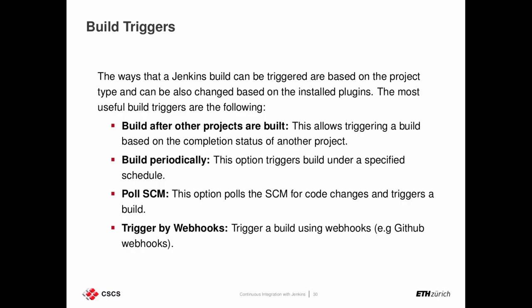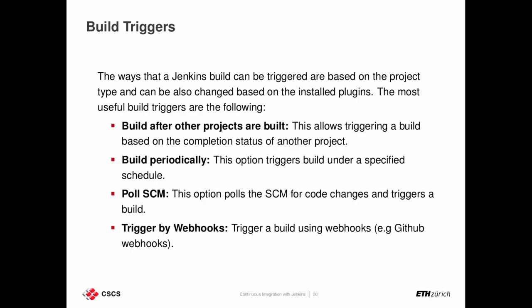Poll SCM. This option polls the source control management at a specified time interval for code changes, and it triggers builds. You can tell it in particular which branches and which repositories to look for. You can give in regular expression syntax which ones to look for. Then there is the one triggered by webhooks, where you trigger a build using webhooks.